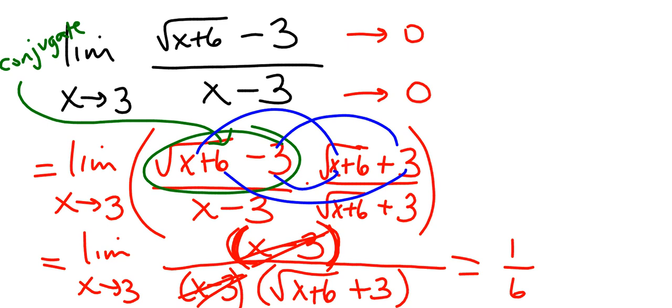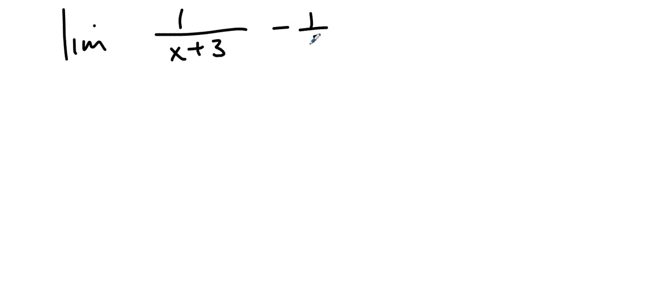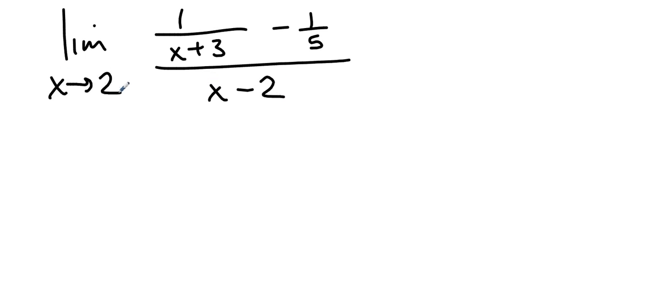Okay, that's marvelous. I'll show you one more technique that you are going to want to know, and this will help us find the limit of 1 over x plus 3 minus 1 over 5, all over x minus 2, as x approaches 2. Again, you should confirm for yourself that substituting 2 ends us in a 0 over 0 situation. Nobody wants that.